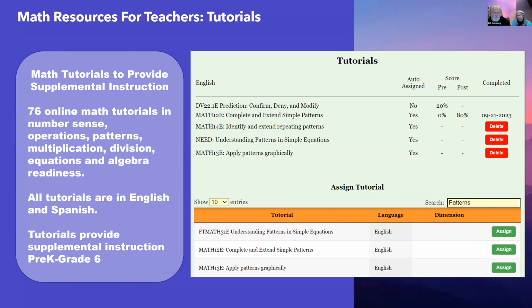The instruction will take the kids through little games and things that will help them learn the skill. And it will give you a pre-test and a post-test score, so you have some idea of where they are. It is a way that you can target discrete skills, and you can assign these tutorials primarily to support instruction in the classroom or to support instruction during the summer.